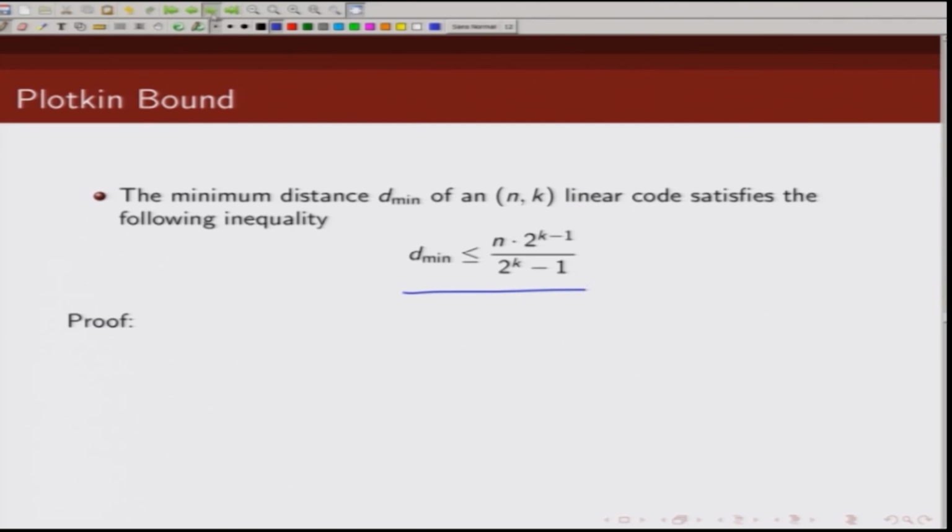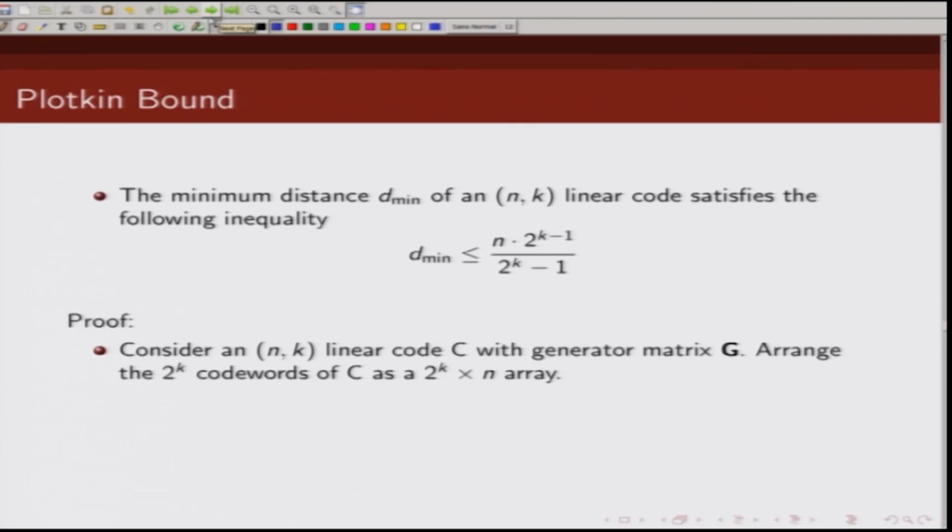Now, to prove this, we will first consider a linear (n,k) code whose generator matrix is G. Since it is a linear (n,k) code, the total number of code words is 2^k. So, we will arrange these 2^k code words as an array.